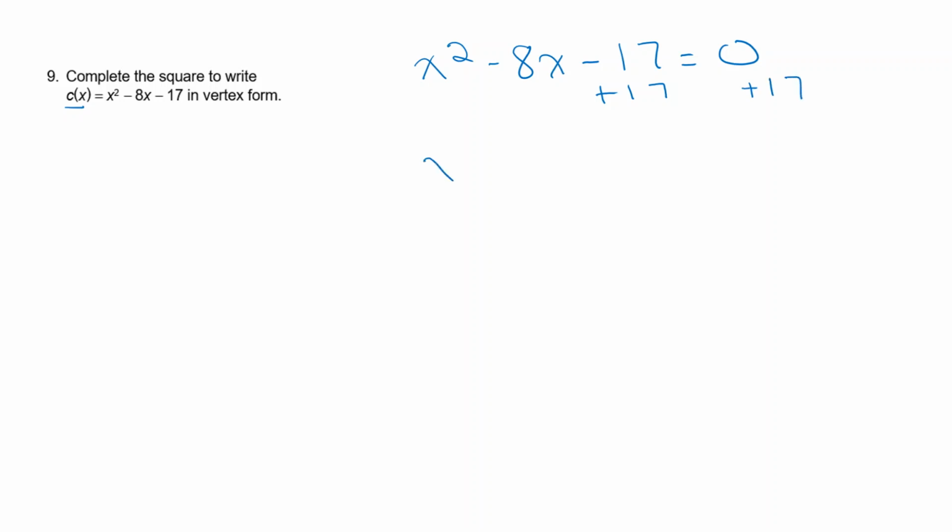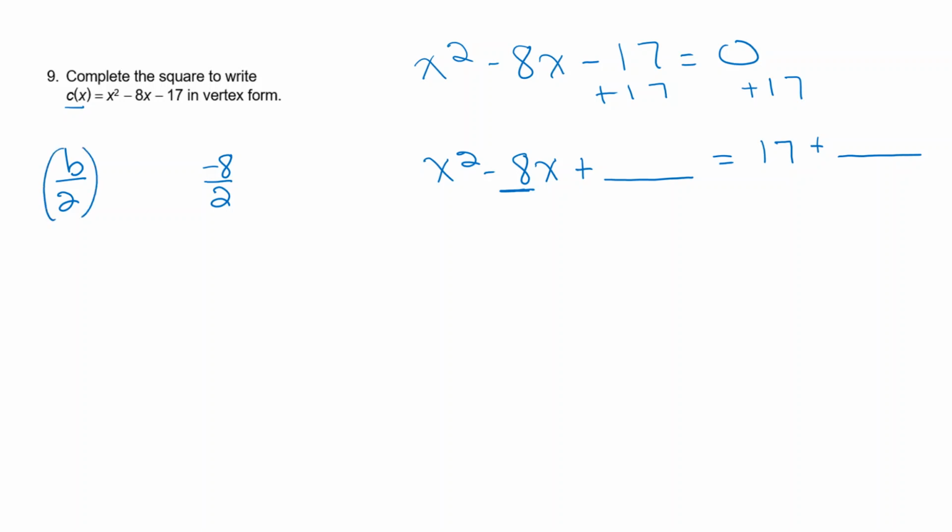So I end up with x squared minus 8x equals 17 plus a number. I'm going to look for that number that's going to go here. The number that I want is going to be negative 8 divided by 2. It's actually going to be b divided by 2 squared. So negative 8 divided by 2 is negative 4, and negative 4 squared equals 16. So that's the number that I'm going to put on both sides.